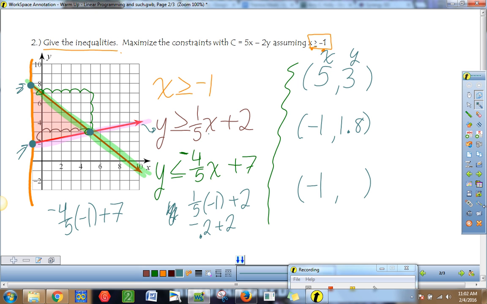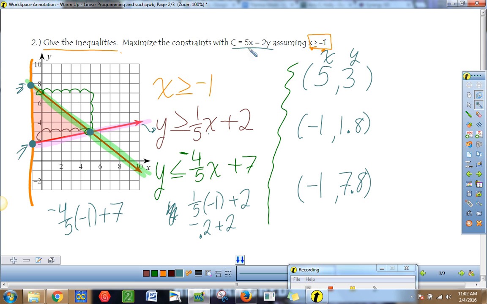A negative times a negative is a positive, so 0.8 plus 7 is 7.8. And you're absolutely allowed to use a calculator. Not too bad?